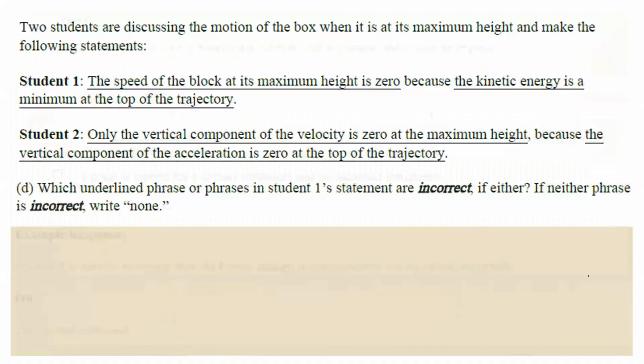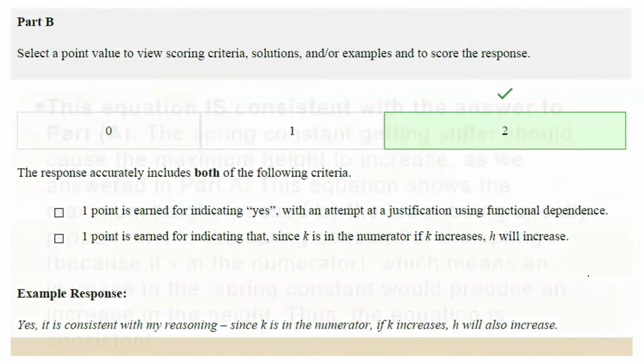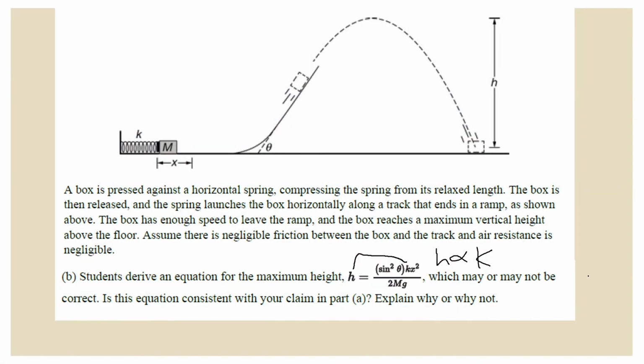I didn't write an answer to this one because, as you'll see when we look at the scoring guide, there are a bunch of different answers for this one. If there's friction here, that just means the speed that the box has right here is going to be smaller because friction is going to take away some of that kinetic energy. If the box is going slower, but you want to make the height the same, there are a couple of things that you could do.